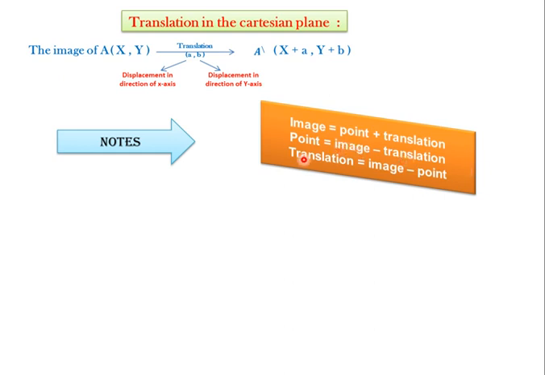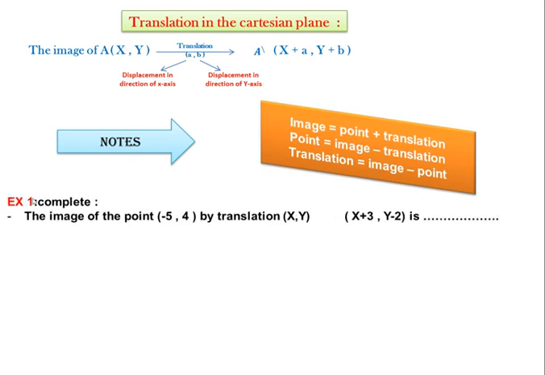If we want to get the translation, we subtract the point from the image, so the translation equals image minus point. Then we have three relations: image equals point plus translation; the point equals image minus translation; and the translation equals image minus the point.